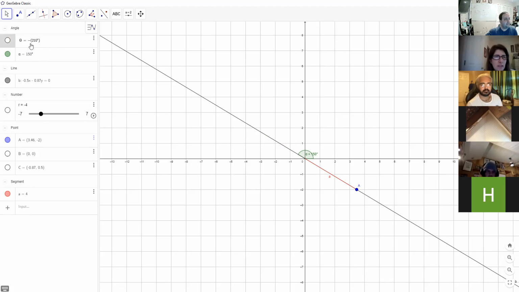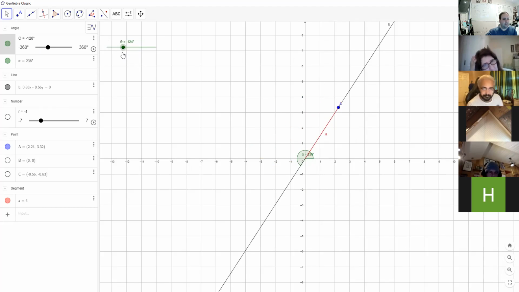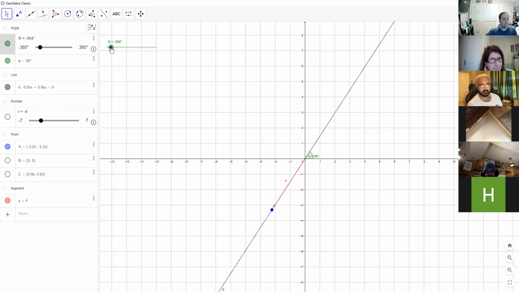Oh, you know why? Because it may have converted it. Yeah, I guess it did. It converted this angle into the positive one, so me changing it didn't affect anything. It's still affected by it, but it only wants to give the positive answer. It likes doing things like that.